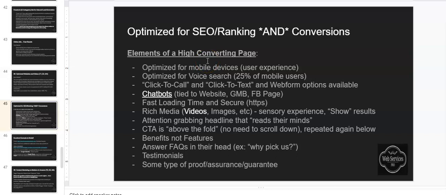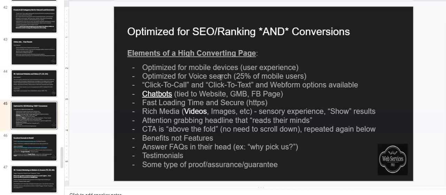Also, more and more people are using voice search on their mobile phones, and survey data says about 25% of mobile users use voice search. So you want to optimize your website for voice search, and the way to do that is to tweak some of the headlines inside your website to match how people speak in voice search.